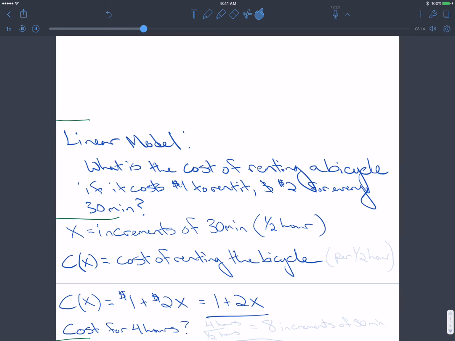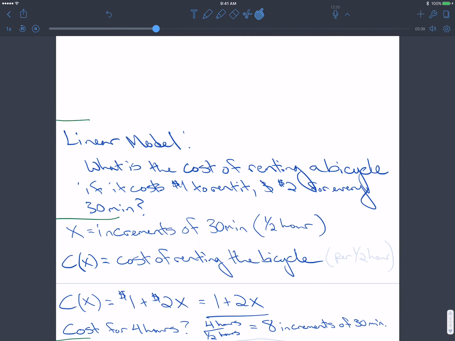So 4 hours divided by a half hour, because that's in hours, I'd rather use the half hour for that. And so that's going to get me 8 increments of 30 minutes.